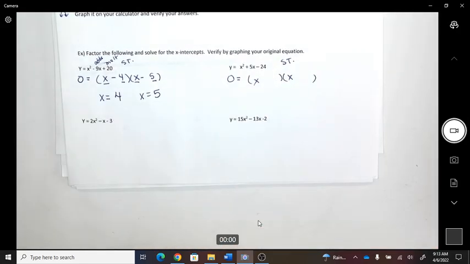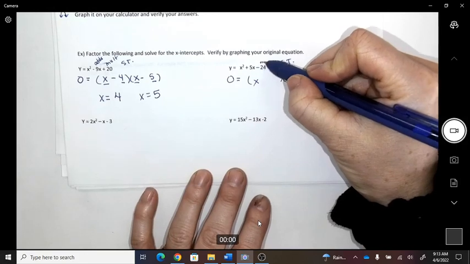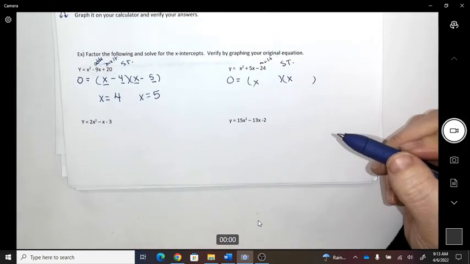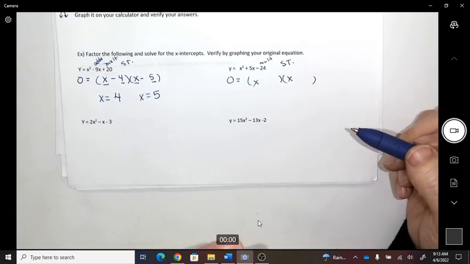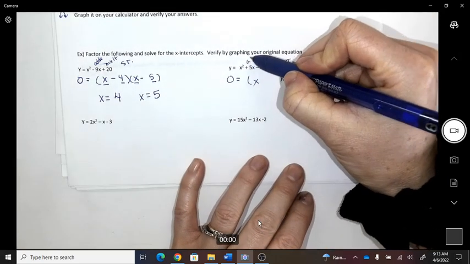So x times x. Okay, so we're going to have to think about 2 numbers that multiply to negative 24. And then I know that one of them is negative and one's positive, because that's how you make negative numbers. Those 2 numbers will have to make a positive 5 when I add.